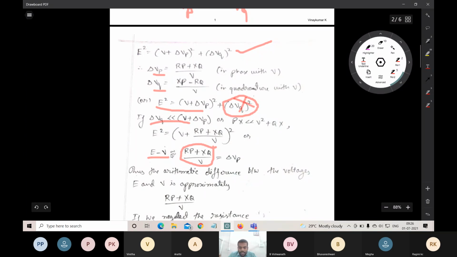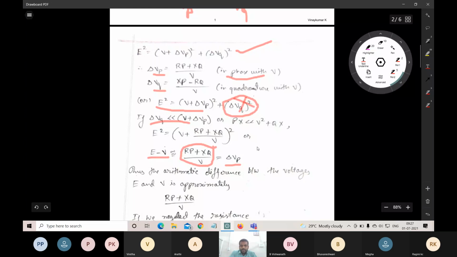So the change in the voltage from the supply voltage to our load voltage, the voltage that we are going to supply to our circuit at the terminals, this difference gives you delta Vp, which is nothing but the in-phase voltage.